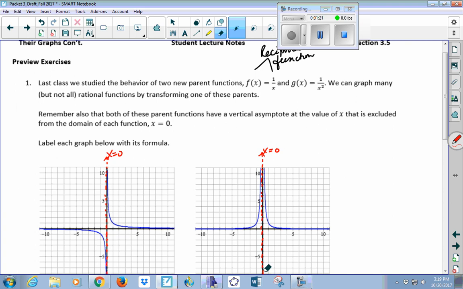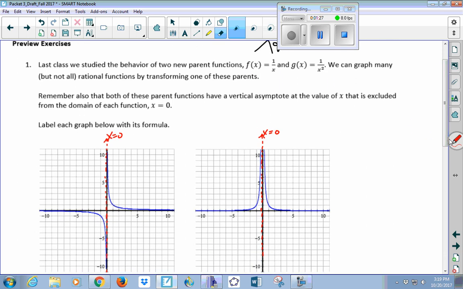All right, so now we've asked you to label each graph below with one of these equations: f of x equals 1 over x, and g of x equals 1 over x squared. Well, what's true about reciprocals? If you put a positive value into the reciprocal function, a positive value comes out. So if we look at positive values for x, we see that both of these graphs have positive outputs.